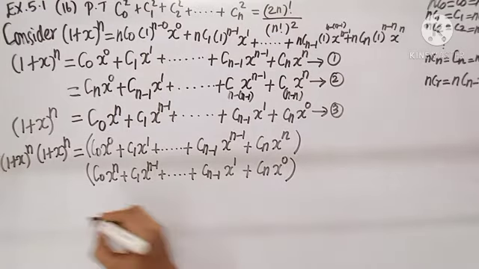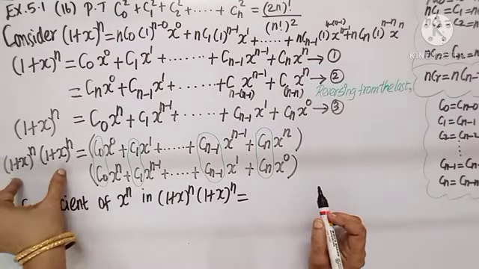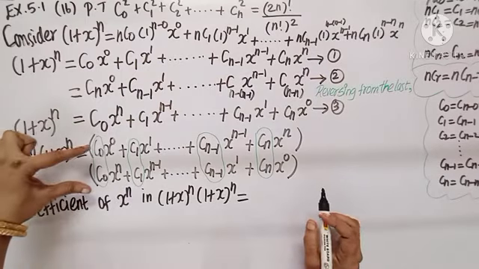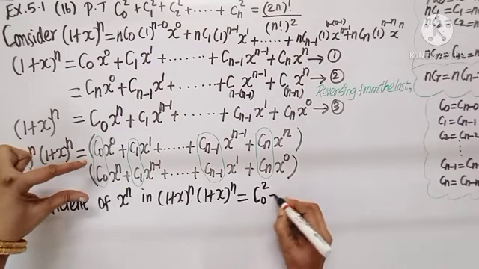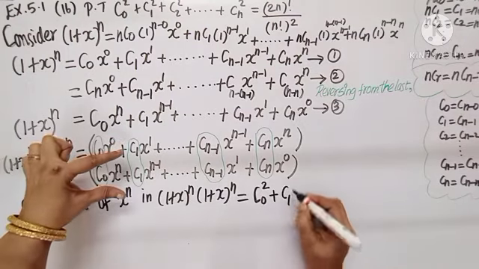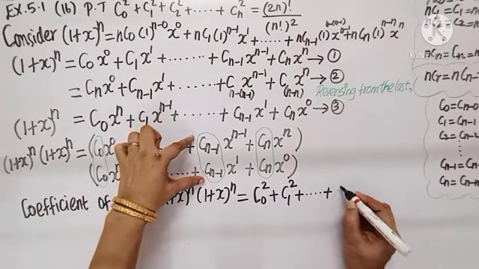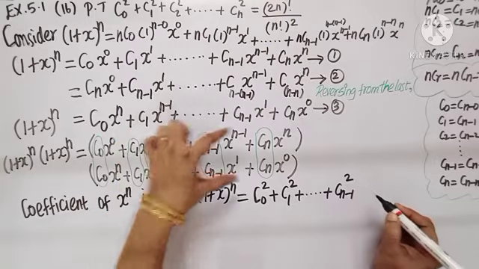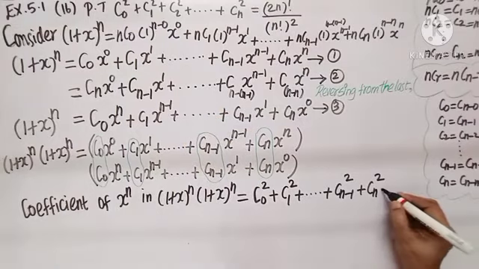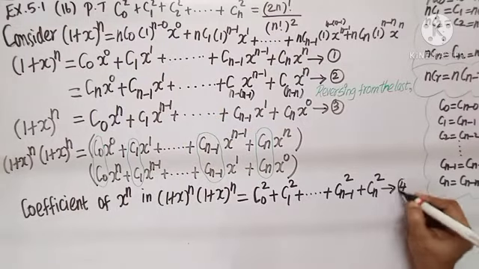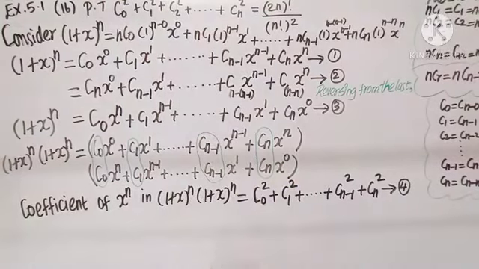So what am I checking? The coefficient of x power n in this product. I will just multiply like this: C0 into C0 square, C1 into C1 square and so on, C(n minus 1) into C(n minus 1) square, Cn into Cn square. Call this number 4. We have achieved the left hand side of the problem.